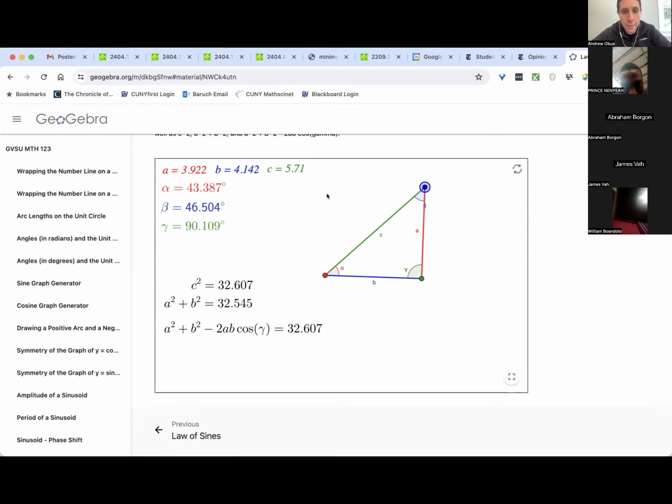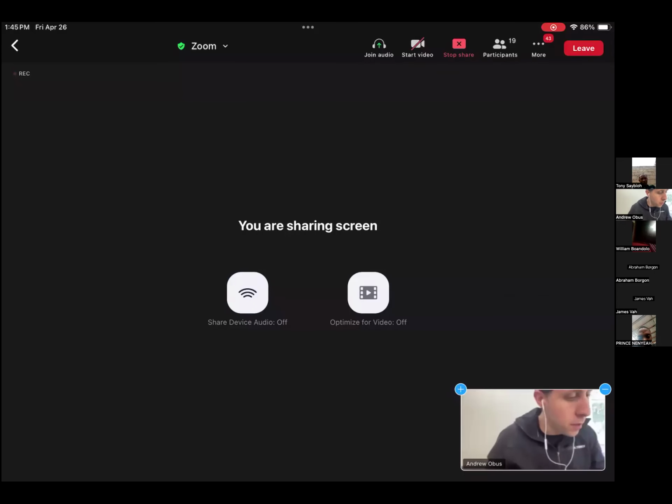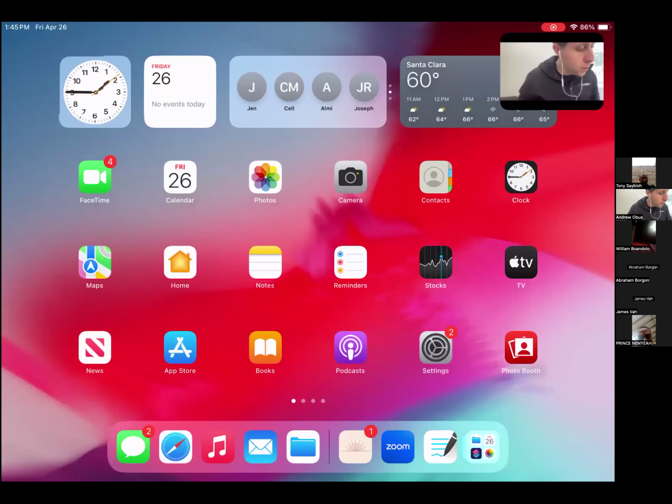Okay, so let me go back to my sheet. Give me 1 second. Okay, so Zoom. Let me share a screen. Okay, good. Hold on, it's taking a little bit of time to catch up with me.